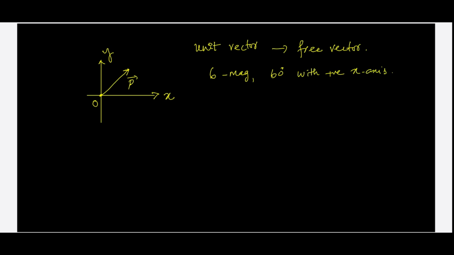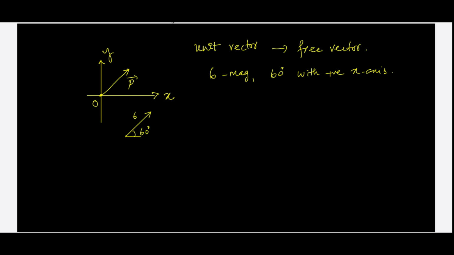You need to also either show in the diagram or mention its start point or end point. Only then you will know where the P vector is from, or else P can be anywhere. I can have P here. This is also 6 units and this is also making 60 degrees, but it's not the same as this. So in order to define a position vector, you need to specify it completely.